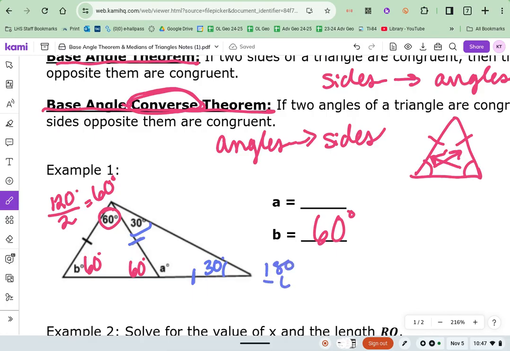So 180 minus 60 means that I have 120 degrees left for A. You also could have solved for A because if we know this guy is 60, then the 60 and the A form a linear pair because their bottoms make a line and they share a side, and linear pairs are also 180. So you can use those rules that we learned back in the day too.